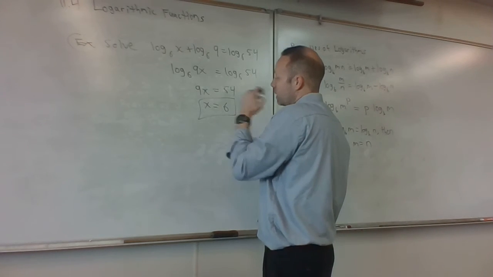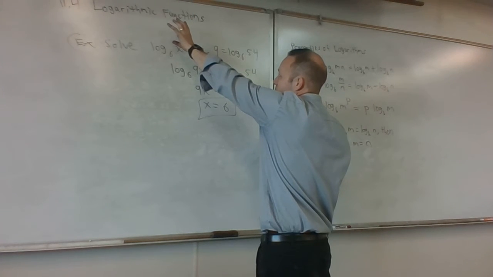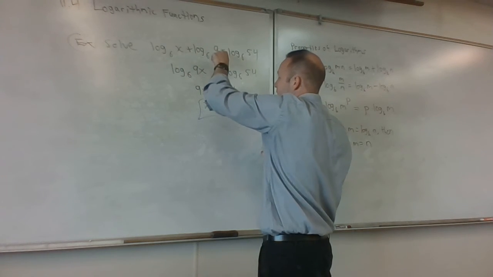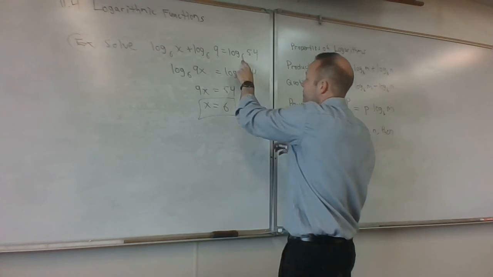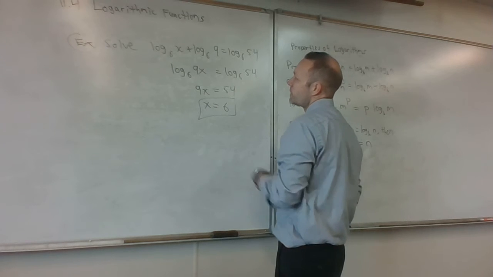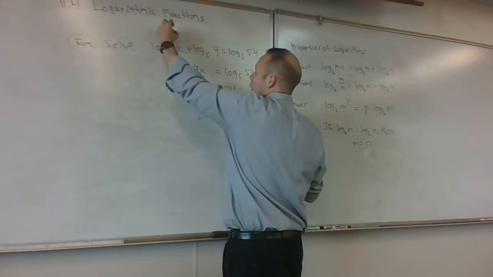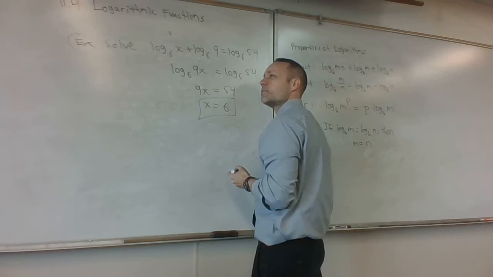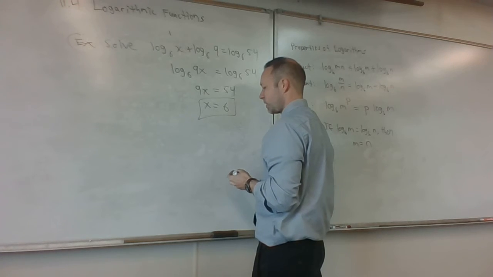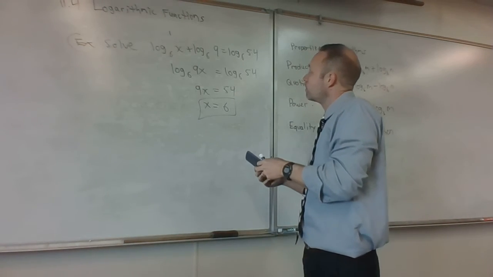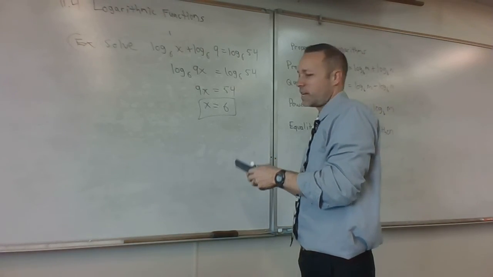So in other words, 6 to what power will give me 6, plus 6 to whatever power will give me 9, is the same thing as 6 to the power that will give me 54. Or in other words, 6 to what power equals 6? Well, that would be a 1. 6 to what power equals 9? Well, that's something kind of ugly. It works out, but I don't need to get into that.